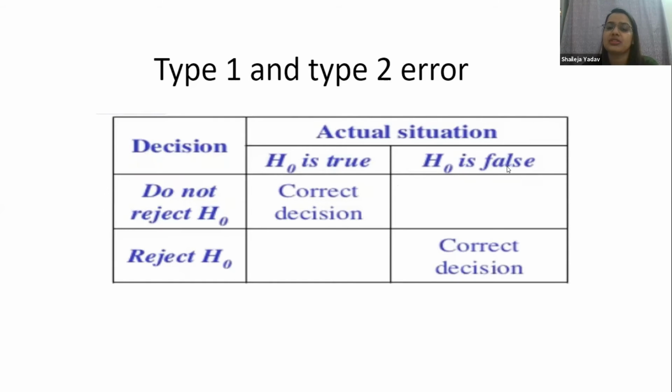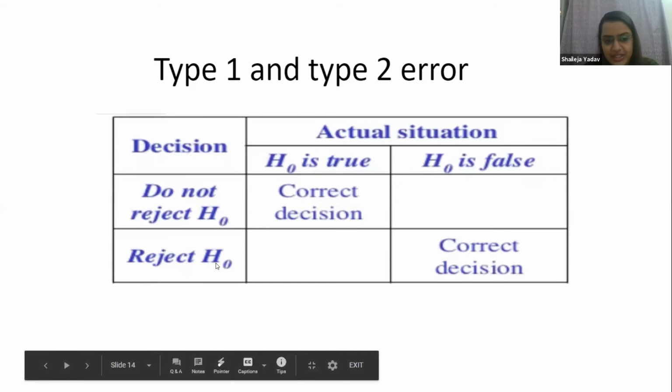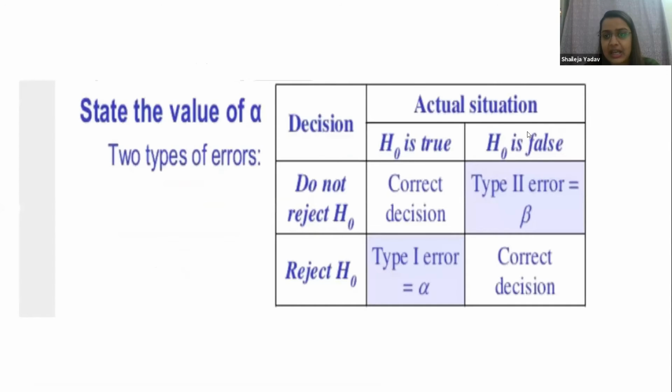Or if the null hypothesis was false and you have rejected the null hypothesis, then your decision is correct. But there can be other situations. That is, the null hypothesis was false, but you still failed to reject it. This will be type B error or type 2 error, which we usually say is failing to reject the null hypothesis when the null hypothesis is not true or when the null hypothesis is false.